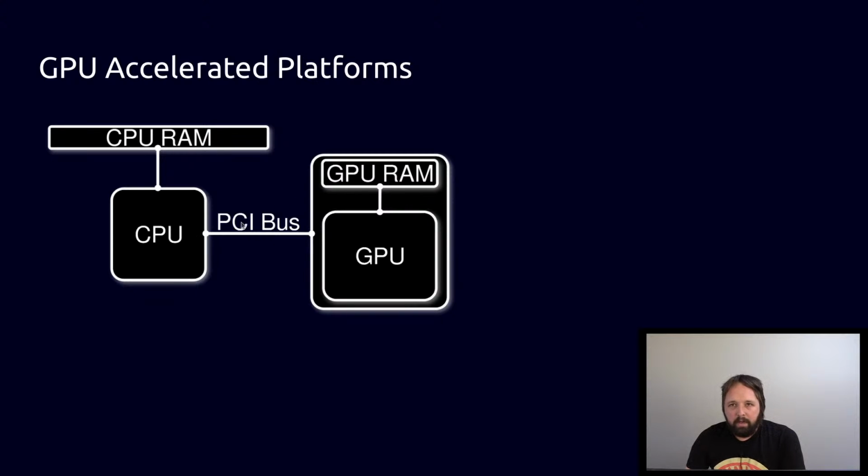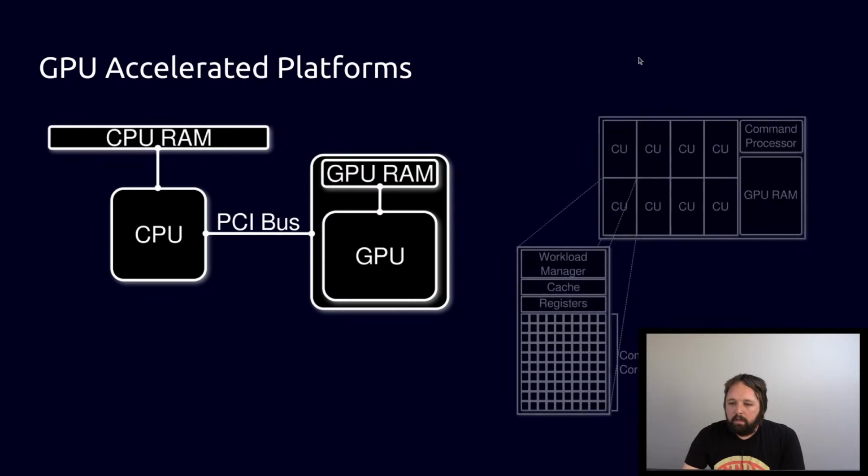And all the APIs that are available for programming GPUs, they give you some way to manage these two distinct memory spaces, as well as launching kernels, so subroutines or functions, to run on the GPU side.